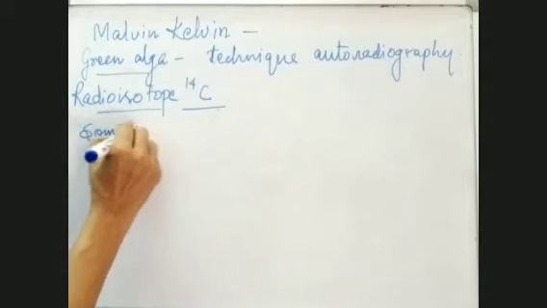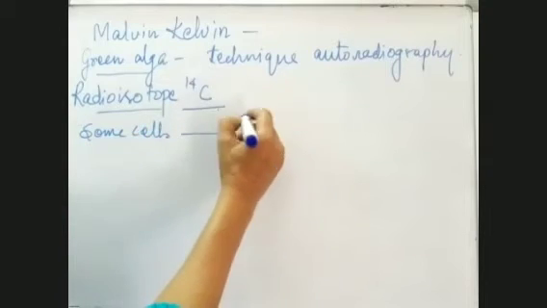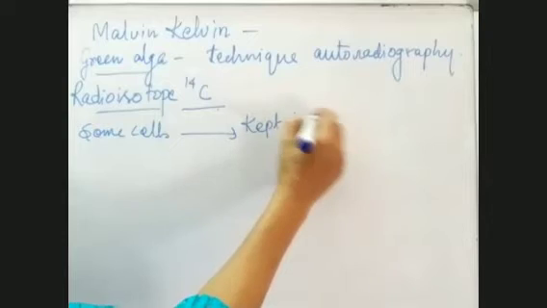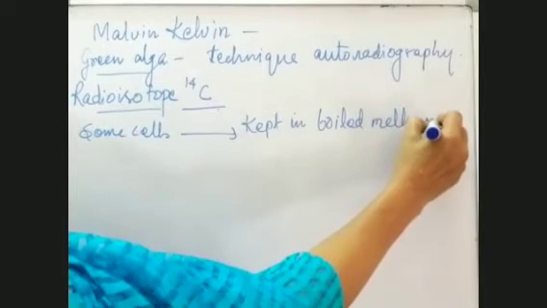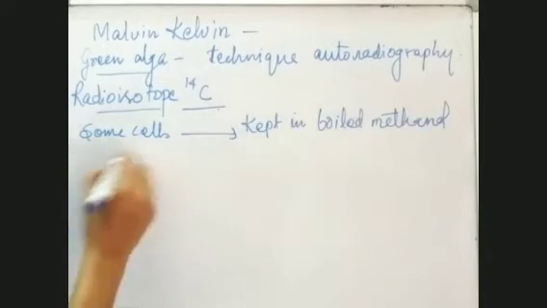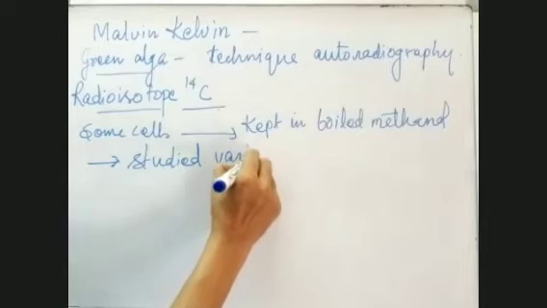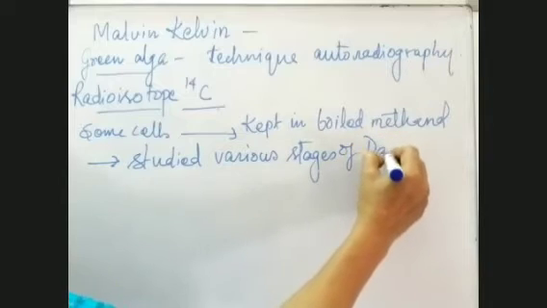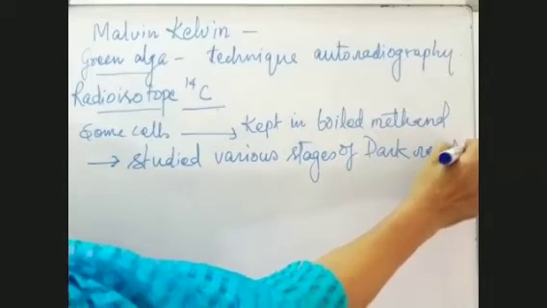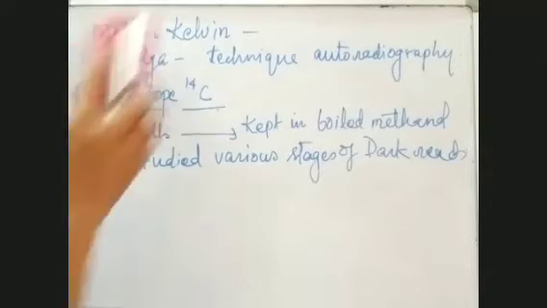These cells were kept in boiled methanol, not ethanol, and the cells died, but they got fixed, and then he studied various stages of the dark reaction.